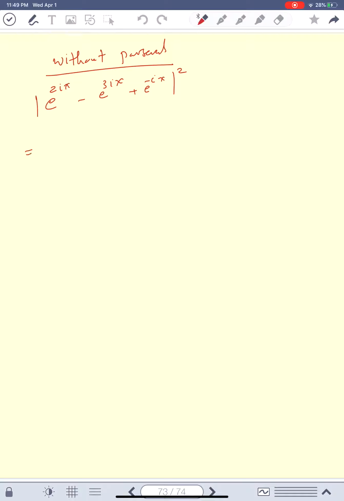So the idea is that we need to simplify this. So what is e to the 2ix? It is cosine 2x plus i sine 2x, minus, what's e to the 3ix? It's cosine 3x plus i sine 3x, plus, what's e to the negative ix? It's cosine x minus i sine x.